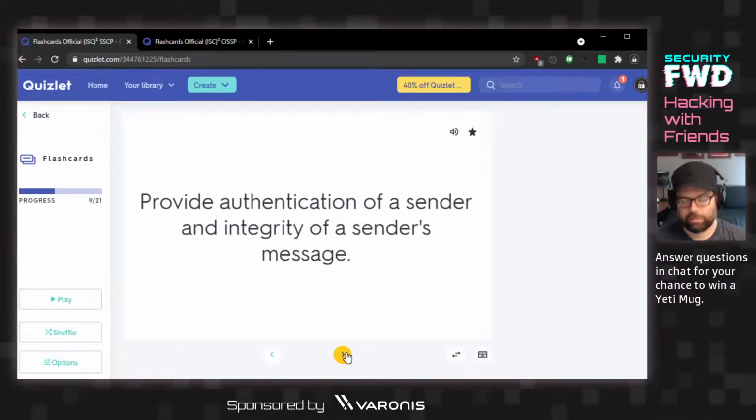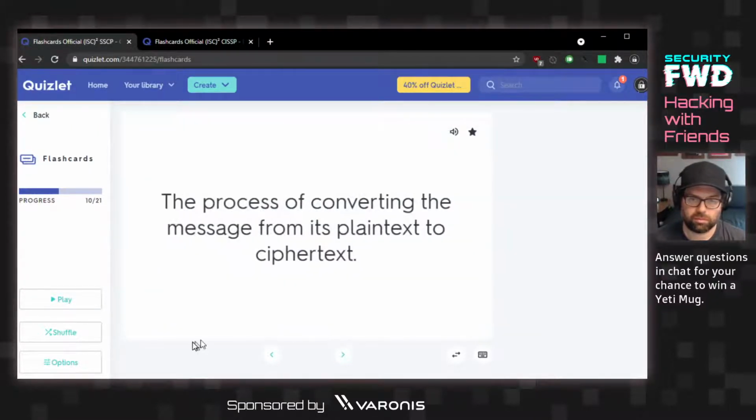All right. Provide authentication of a sender and integrity of a sender's message. I think this is digital signature or encrypted signature. Digital signature. Okay. All right.